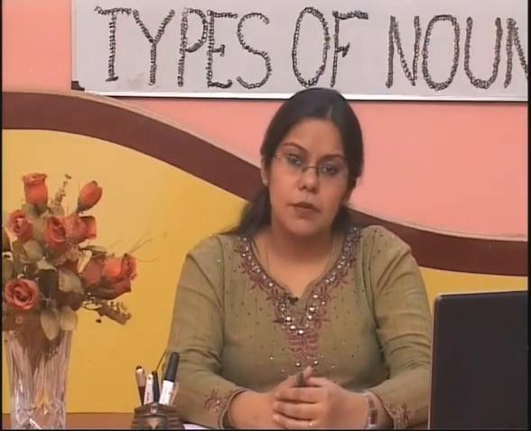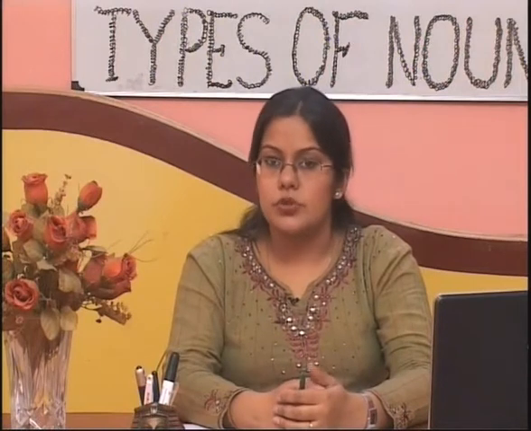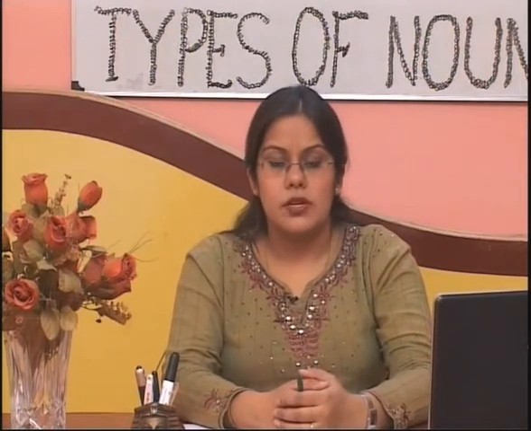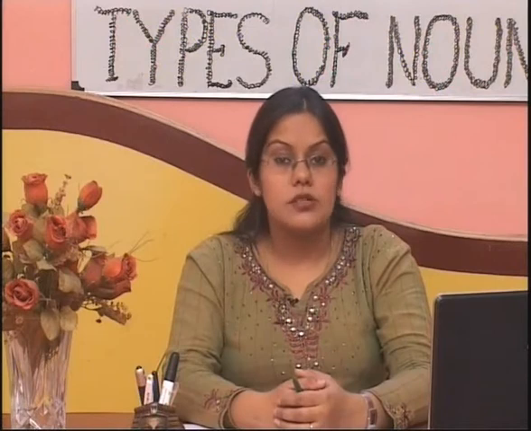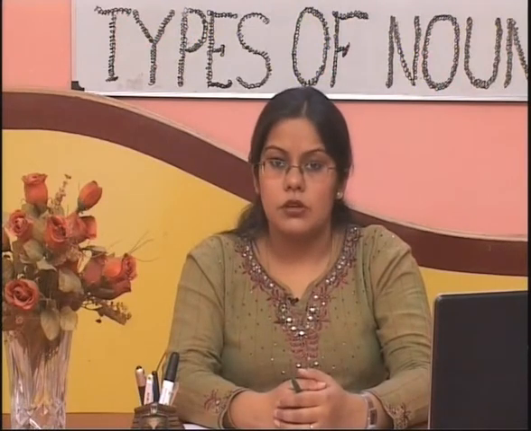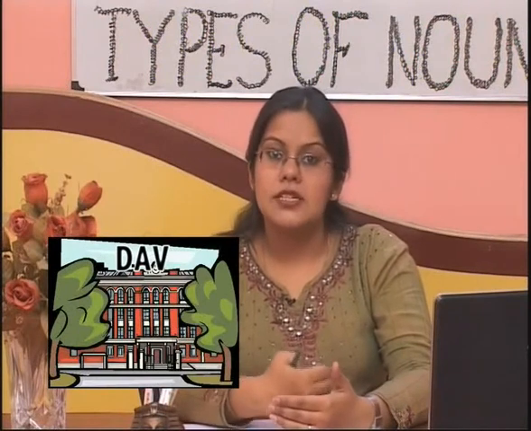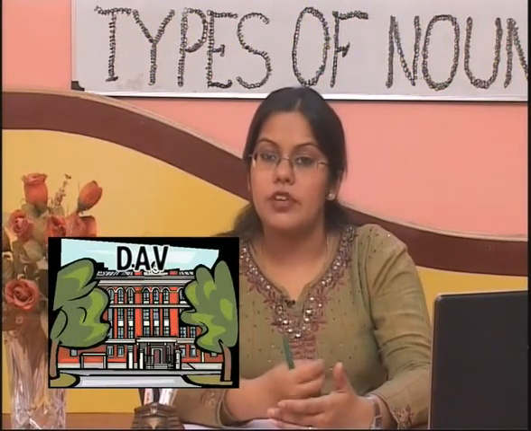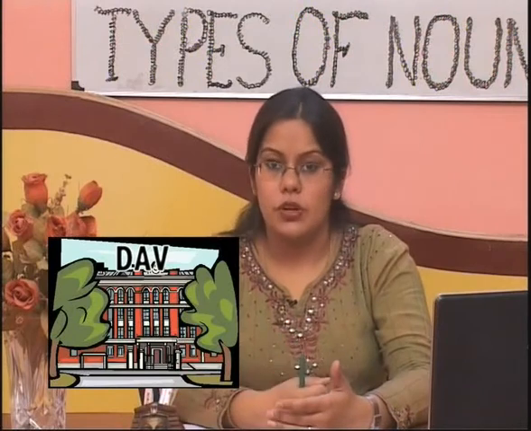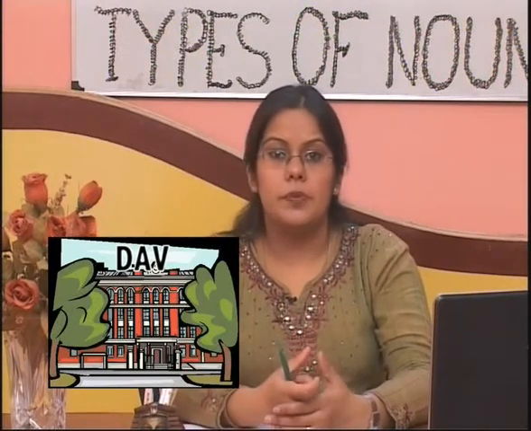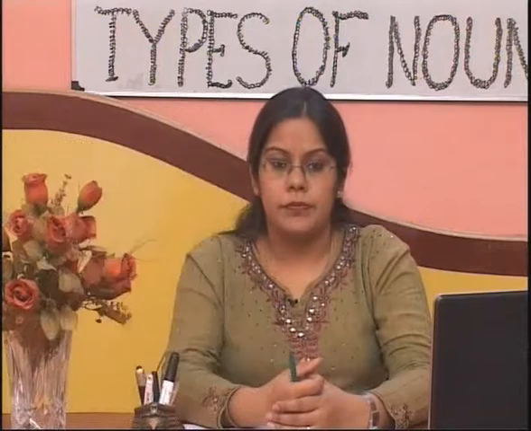When I was discussing about common nouns, I had told you the word school is a common noun because there are many schools. But if you name your school, if you say DAV school, you have given a name to the school. So the name of the school becomes proper noun.